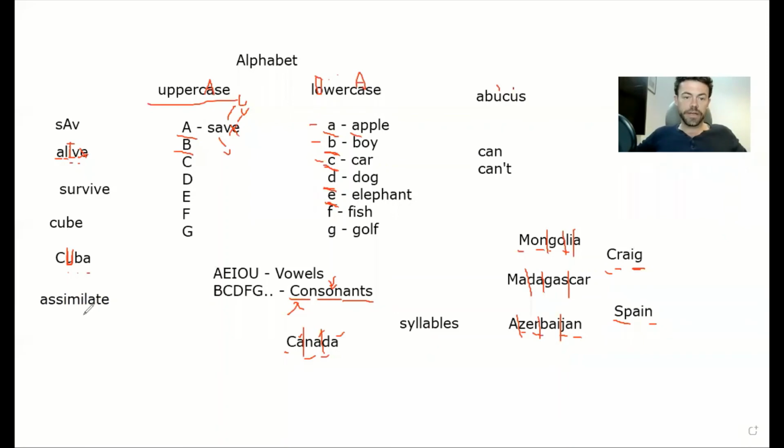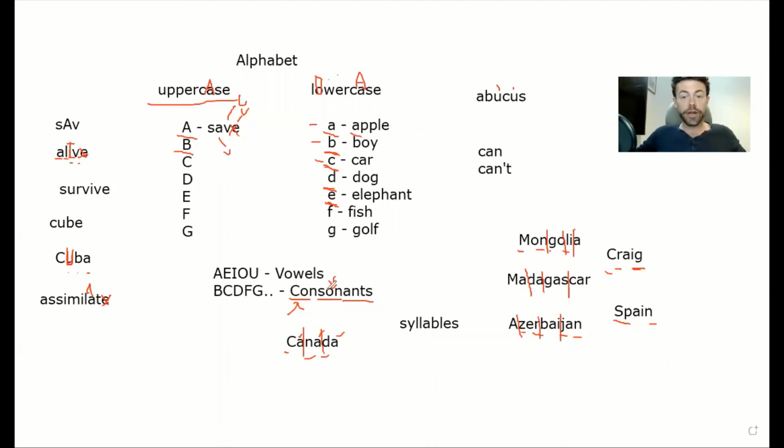Now we have I and I. They do not change. So assimilate, but here we have vowel, consonant, vowel. So this is assimilate. If we have our abacus, no change.